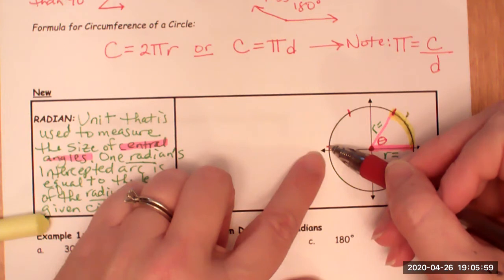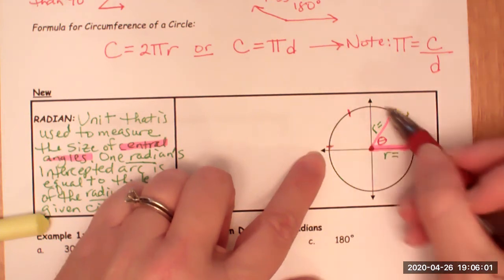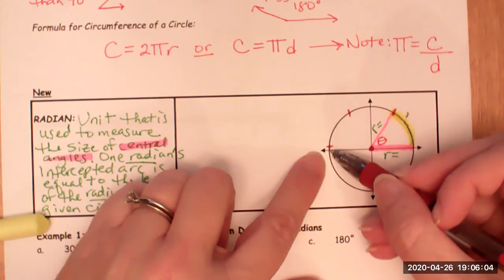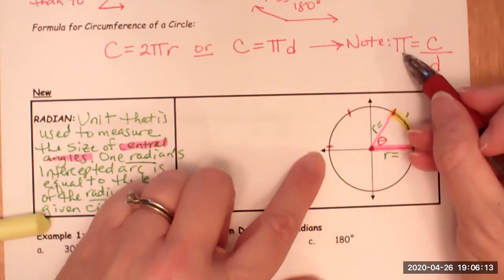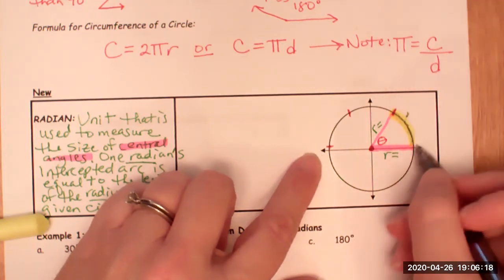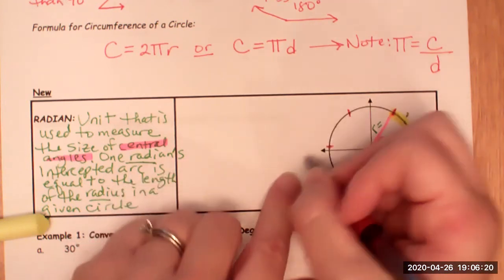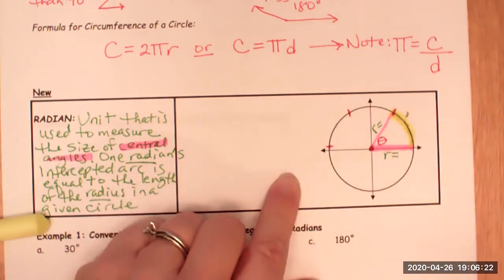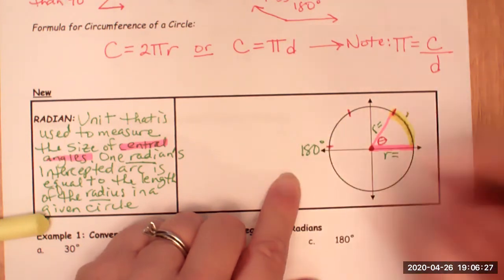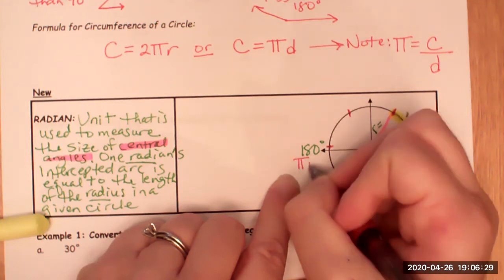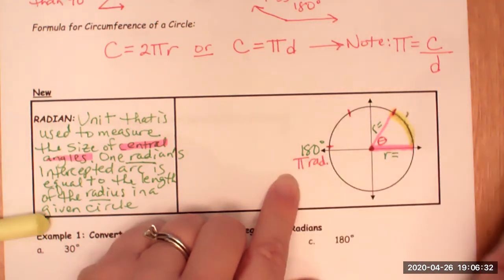Now, if I were to wrap halfway around the circle, I would have just a little over 3 radians, and pi is that number, a little over 3. When we wrap halfway around the circle, we have traveled 180 degrees, but 180 degrees is also equal to pi radians.